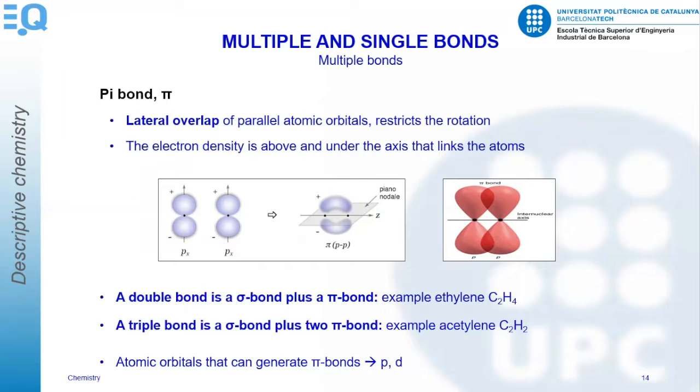For every pi bond formed, there has to be one p orbital without hybridization, also called a pure orbital. Therefore, atoms with multiple bonds will never have sp3 hybridization. Moreover, s orbitals are not able to form pi bonds, as they are spherical and symmetric from all sides, and therefore can't do a parallel overlap.